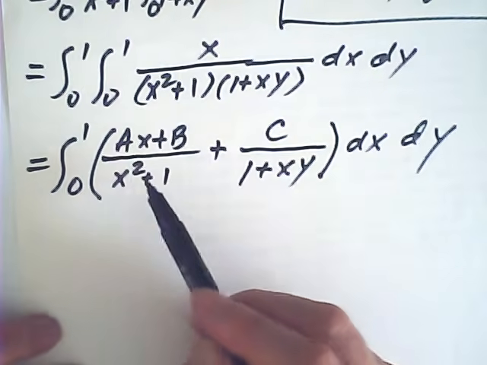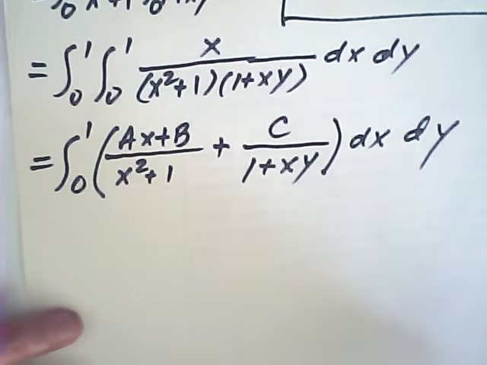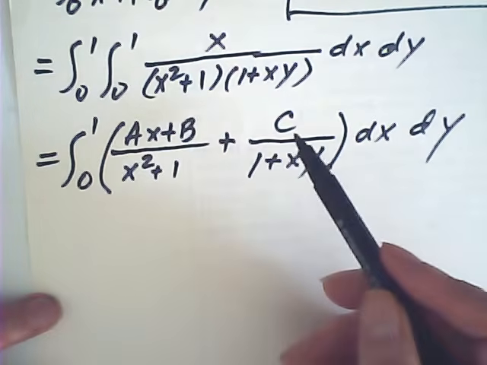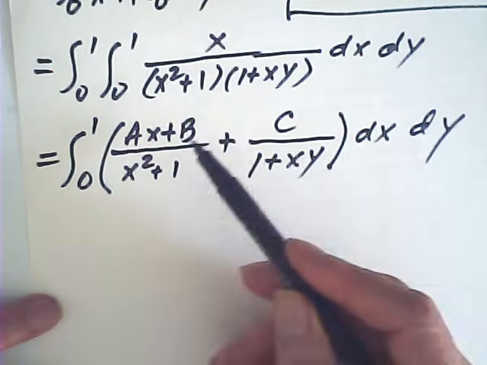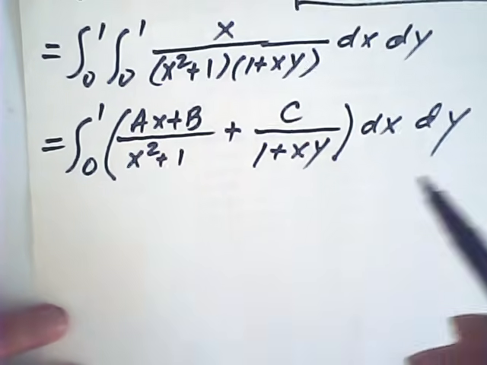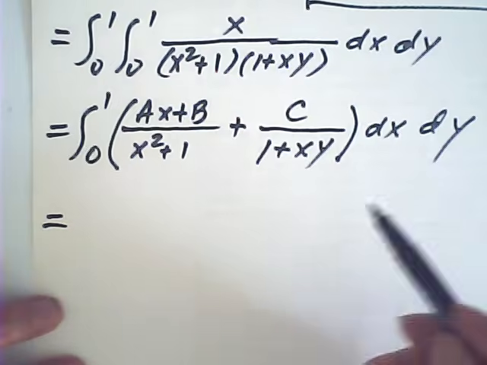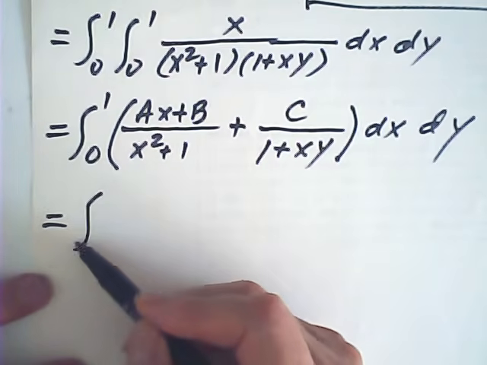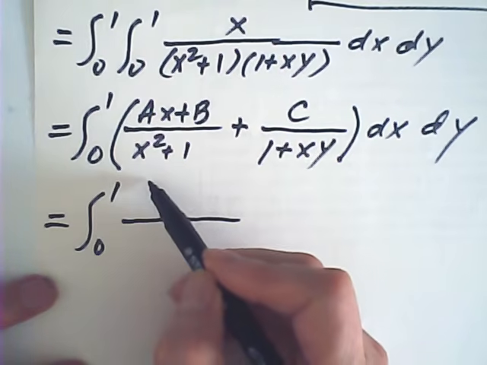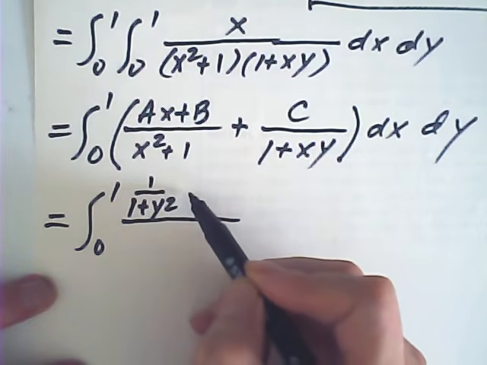Let me omit the detail to determine a, b, c. These are straightforward, could be easy, could be obtained by comparing the coefficients, right? So A is equal to 1 over 1 plus y squared.